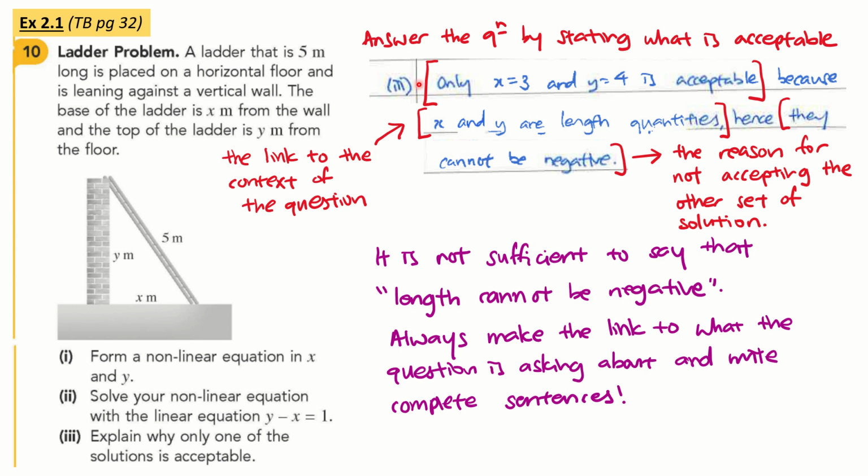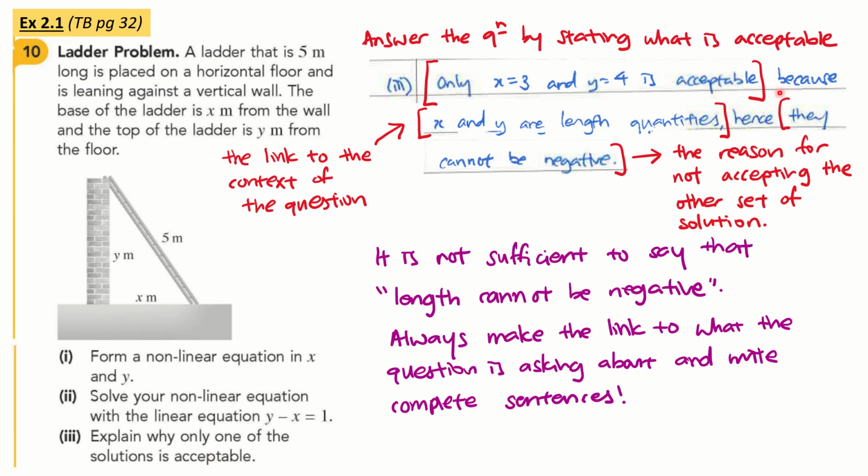Alright, so in my answer over here, I stated very clearly that only x equals to 3 and y equals to 4 is acceptable. So I stated what is acceptable. You may want to state what is not acceptable. That's fine as well. At least we answer the question, by stating which is the one that is acceptable or not acceptable. Then I explain.